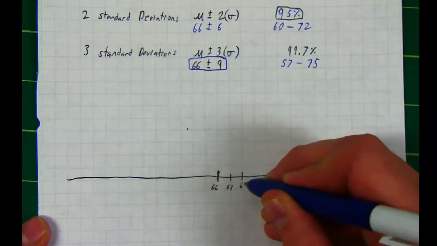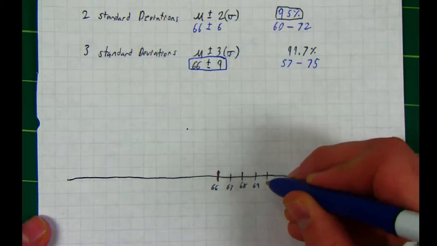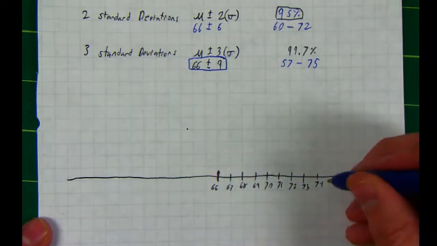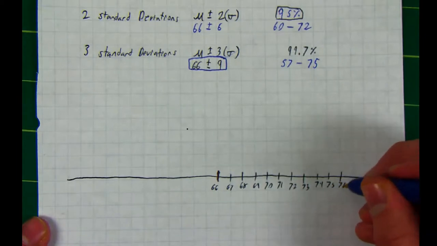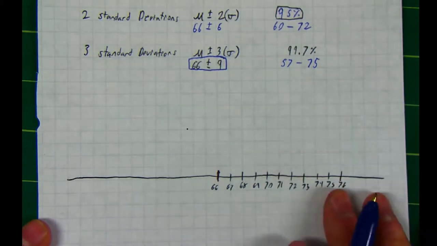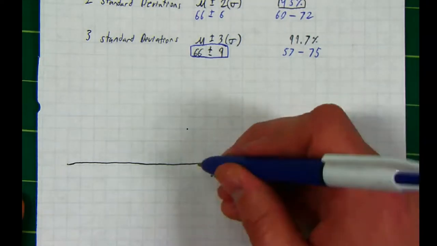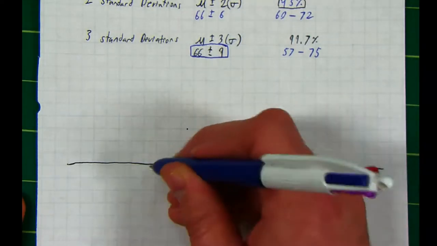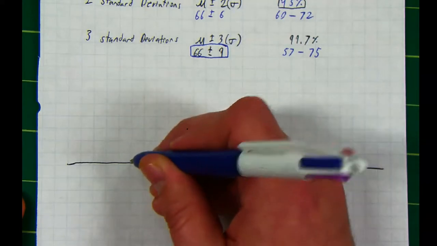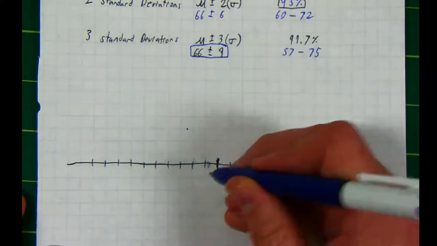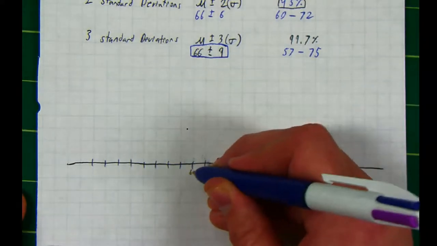This would be 68. And 76. And I'll stop there because there's no reason to go any further. And then the other direction is 65, 64, 63, 62, 61, 60, 59, 58, 57, and 56. And again, I'll stop there.